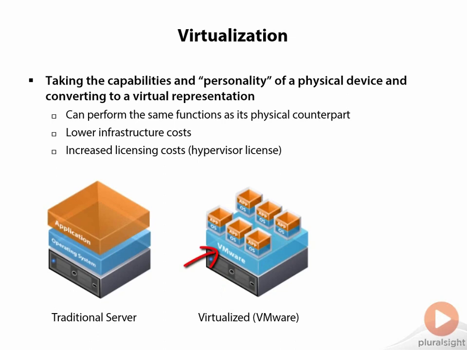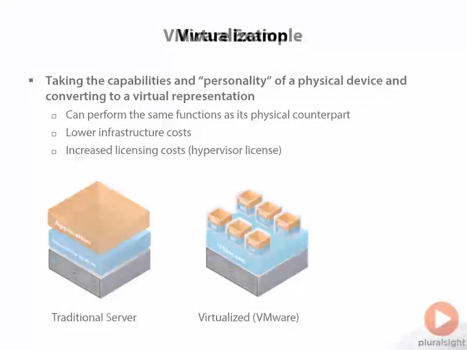In this example, it's VMware. Then on top of that, we lay down individual VMs, and each of these guests is comprised of an OS and an app or multiple apps. So we're in essence taking what used to be a physical server, virtualizing that into a single container, and dropping that on top of our hypervisor.